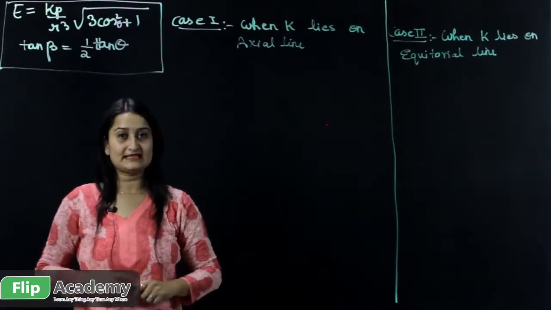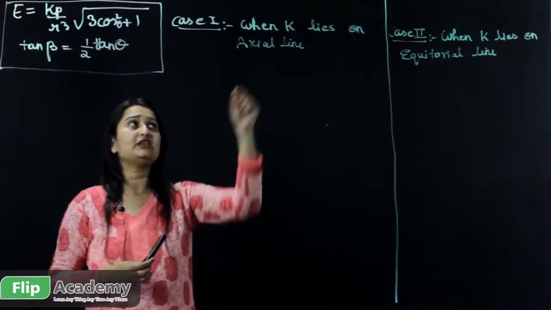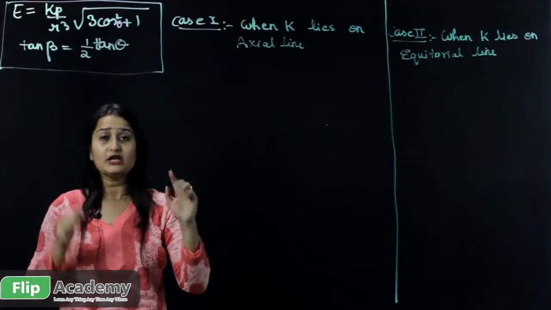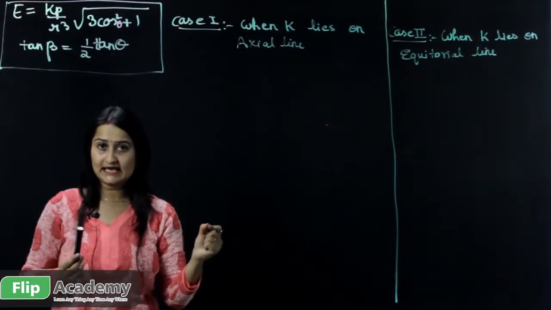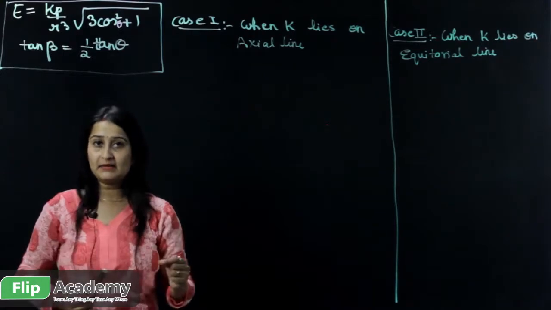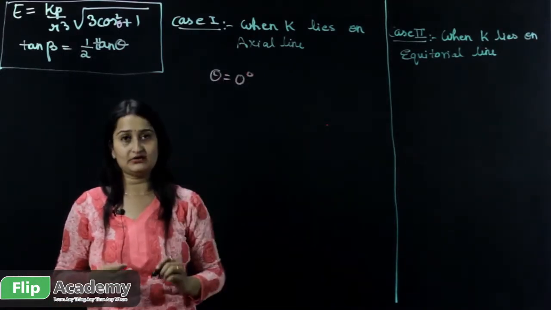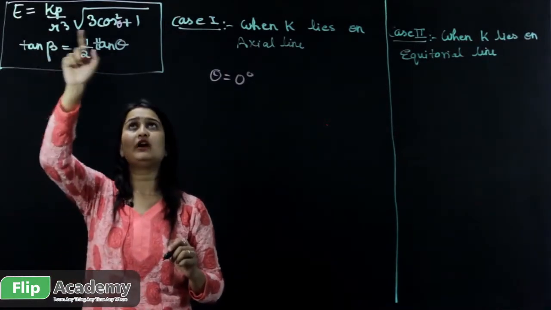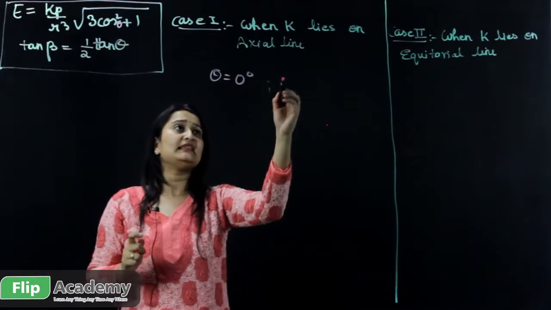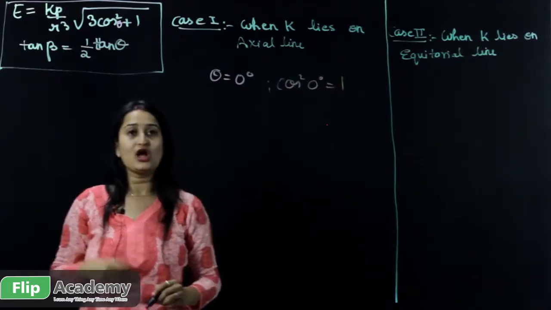So these are the two cases that we are talking about. In this condition, what happened? If K lies along the axial line, that is along A1, B1, then the angle θ between K and the axial line becomes 0. So θ in this condition becomes 0 degree. Similarly, in this formula cos² 0 degree becomes equal to 1.